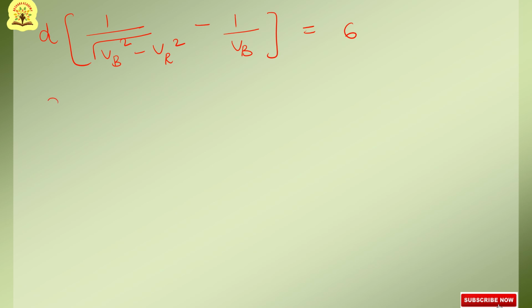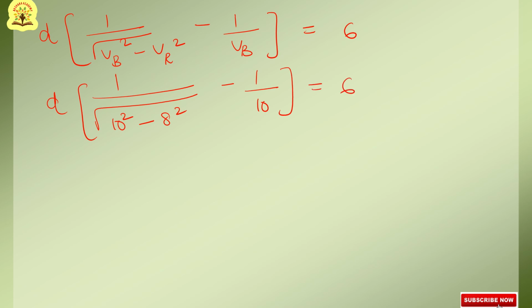Substituting the values, Vb is 10 and Vr is 8: d of 1 by square root of 10 square minus 8 square, minus 1 by 10, is equal to 6.